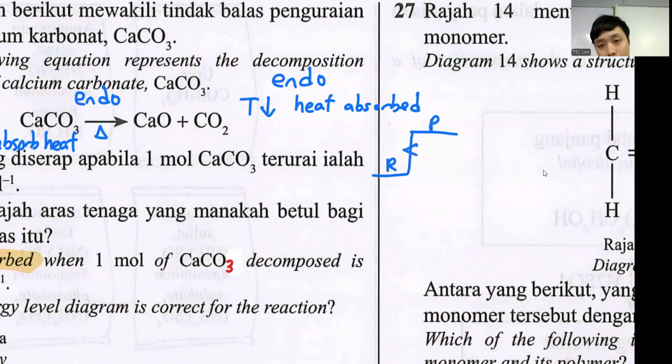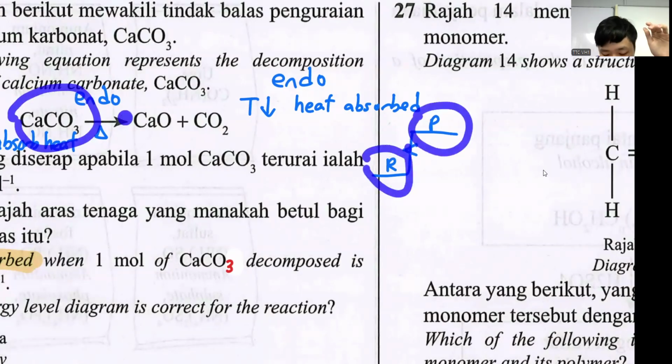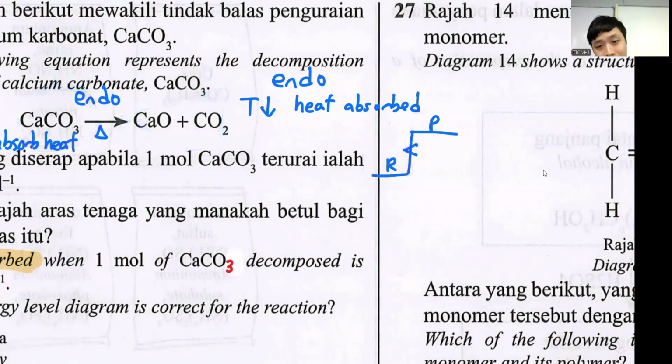Lesser total energy compared to the product. Absorb means you increase the heat. The reactant has no heat, but when the calcium carbonate, the reactant, absorbs heat, now the product has more heat energy.